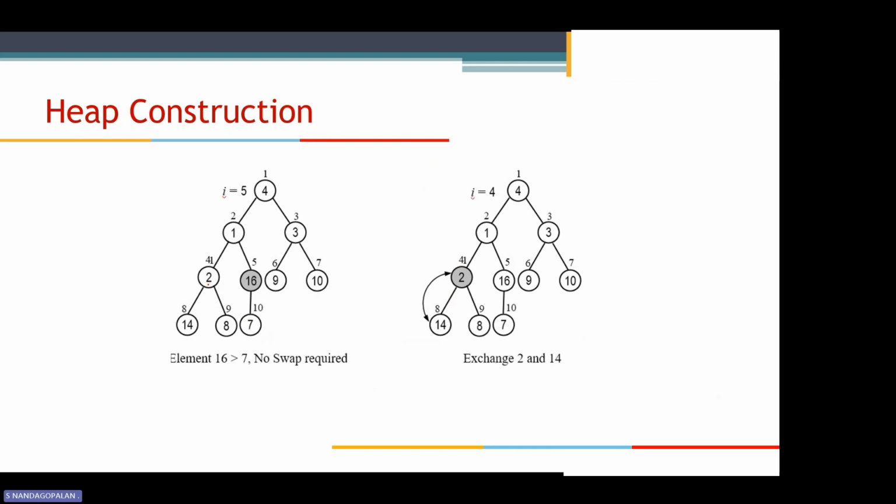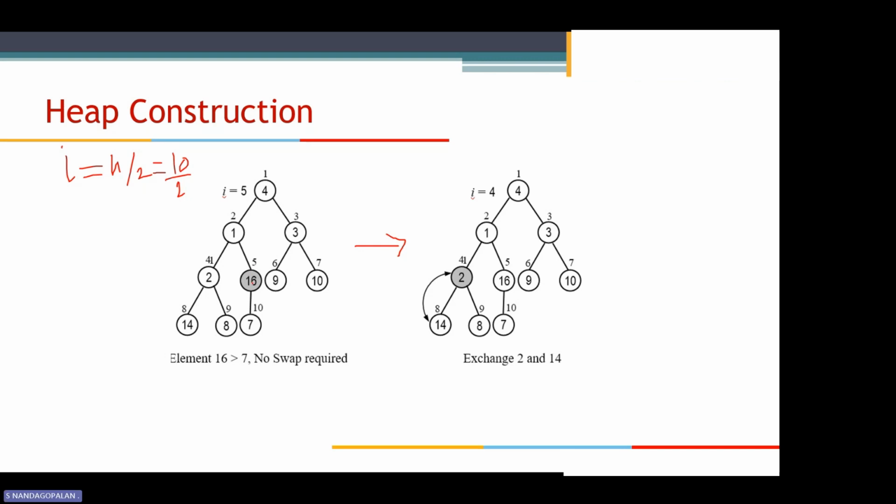Now, given an array, how are we going to heapify it? That's exactly what this example is. In order to do this, we start with a pointer I, which is initialized to n by 2. In this case, I have 10 elements, so 10 by 2 is 5. So my I becomes 5, the shaded one.